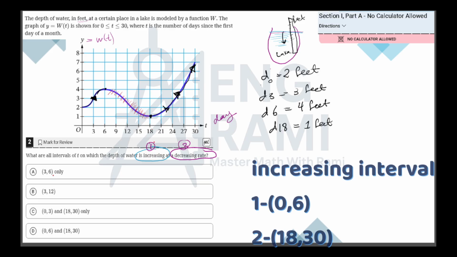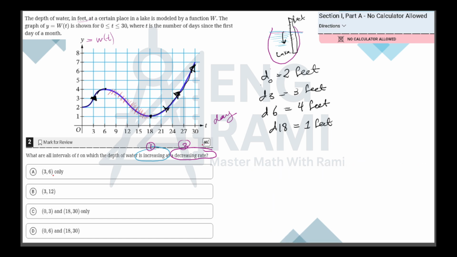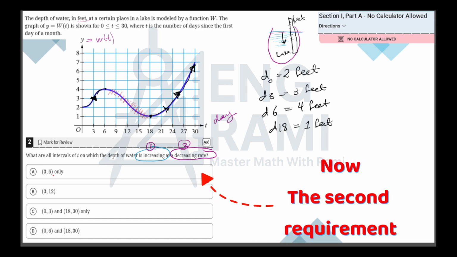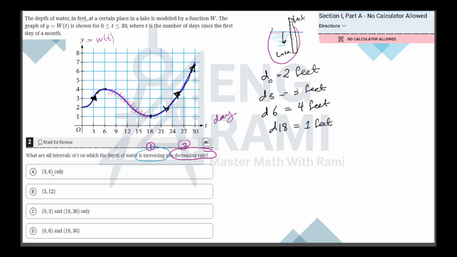We now have the first requirement, decreasing rate. When we are talking about a decreasing rate, we are talking about concave up and concave down. This is concave up, and this shape is concave down.